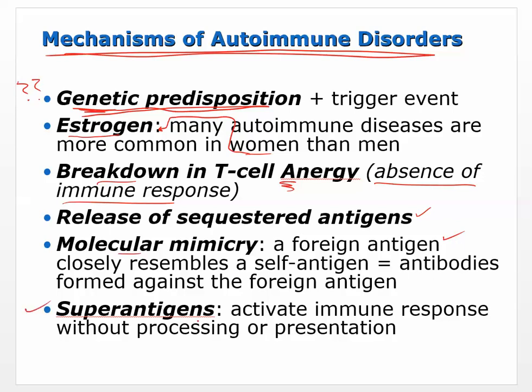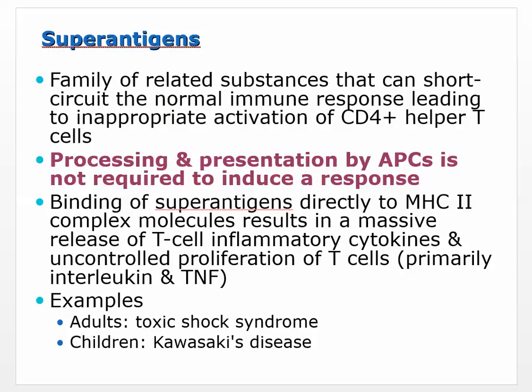And then superantigens. Sometimes there are certain bacteria that produce antigens that trigger a huge immune response against them. These are superantigens, a family of related substances that can short circuit the normal immune response, leading to inappropriate activation. So we try to make sense out of this. Processing and presentation by the antigen presenting cells is not required.